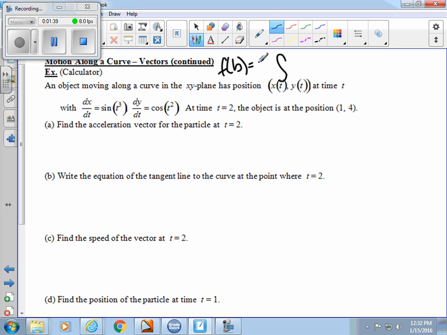F of b equals f of a plus the integral from a to b of f prime of t dt. Right? Starting point, or the ending point, equals the starting point plus the accumulated values.